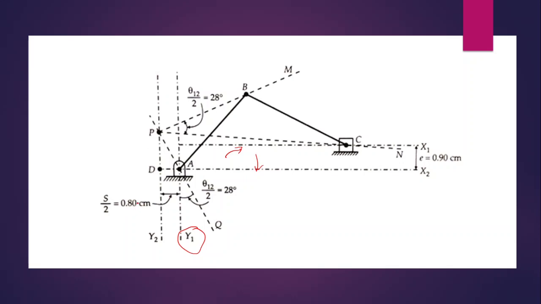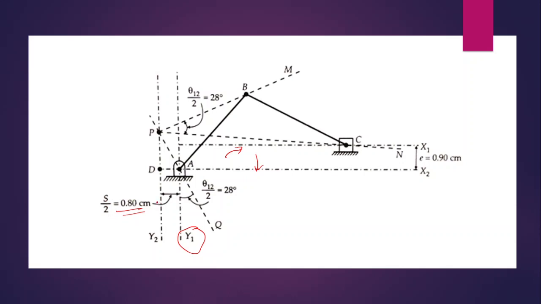That 0.8 centimeter is equal to S by 2, where S is the total displacement of the slider during theta 1 2 of the input crank. S is equal to 1.6 centimeter in this particular question, so that the distance between y1 and y2 is equal to 0.8 centimeter, that's equal to S by 2.